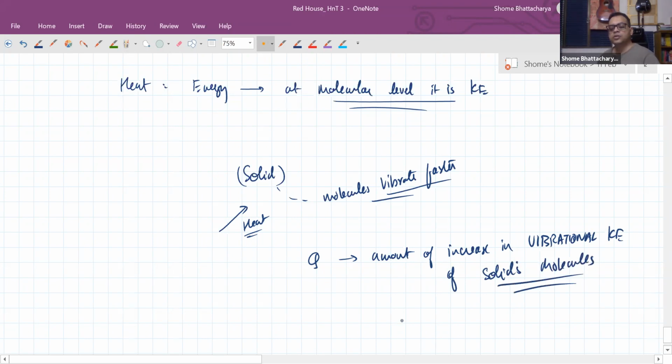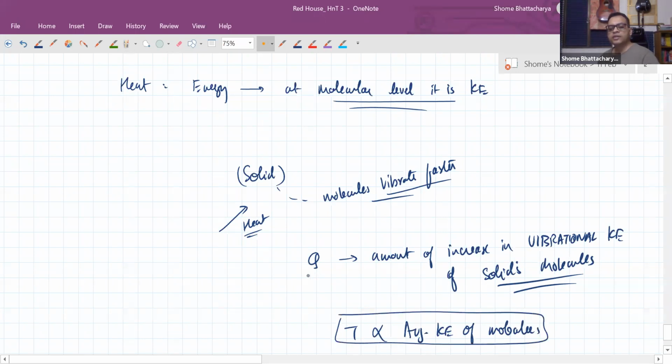Now we had seen that absolute temperature is directly proportional to the average kinetic energy of molecules. So it makes sense, no? If I'm supplying so many joules of heat, then the solid's molecules have that many extra joules of vibrational kinetic energy. So proportionate to the amount of heat supplied, the average kinetic energy of each molecule is increasing.